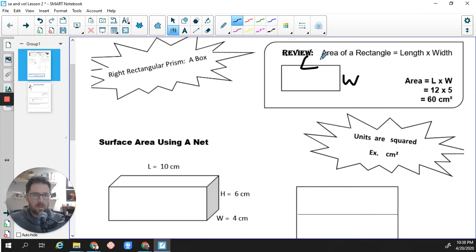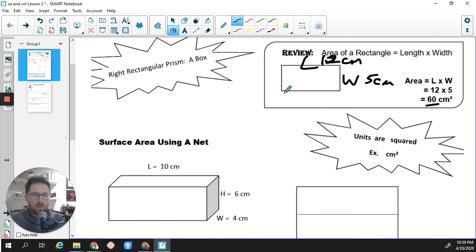So if this is 12 and this is 5, we're multiplying them together. That's going to give us a total of 60. Now, because this is 12 centimeters, that looks like 1.2, but you get the point. And this is 5 centimeters.